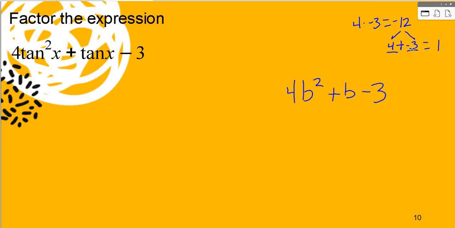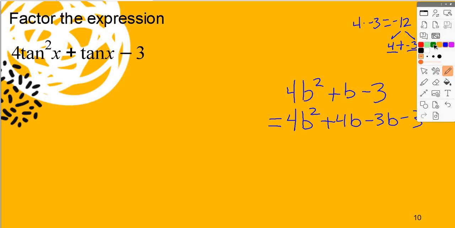And then remember that if our leading coefficient is not 1, our trick here is to take those two numbers and break apart our middle term with them. And then we factor by grouping.